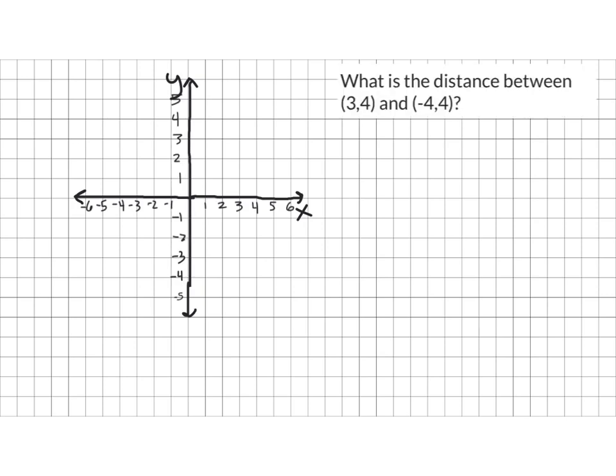All right, so to start off with, we're going to find the distance between the point 3, 4 and negative 4, 4. Go ahead and plot those points now. Once you have them plotted, it's easy to see that they are, in fact, horizontal.